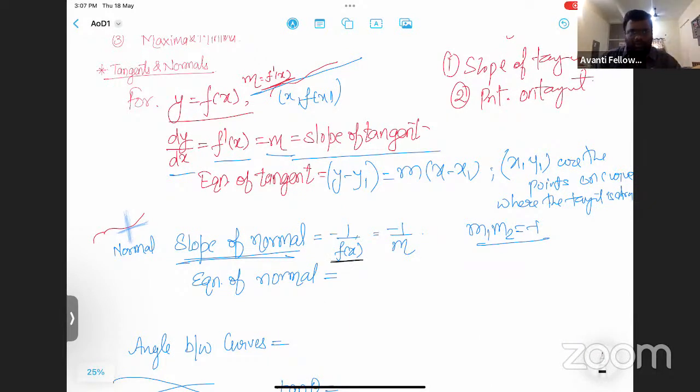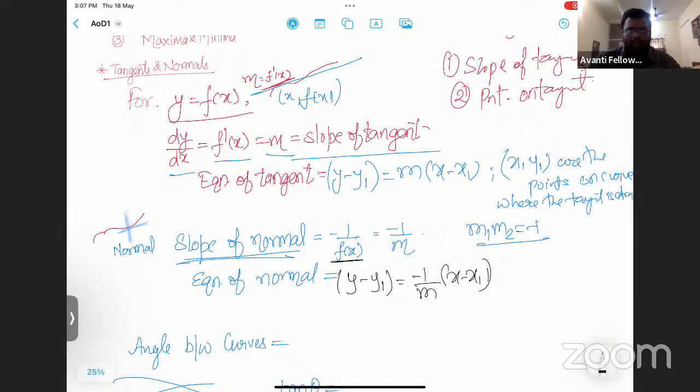And the equation of normal can be given as y minus y1 equals minus 1 by m times x minus x1. So this will be your equation of normal at a point on the given curve. Is it clear up to this point? If you have any doubt, please let me know through the chat section.